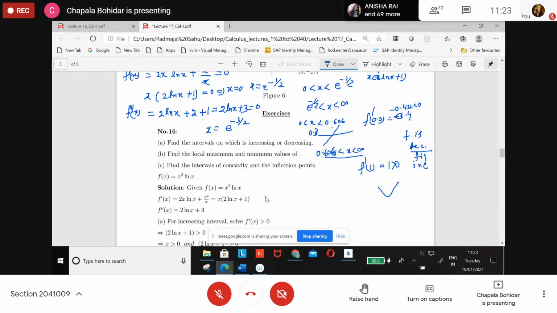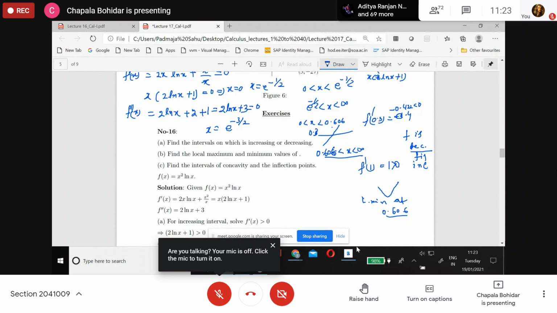At 0.606, that is e to the power minus half. The question is not asking about using the second order derivative. It only asks to find the local maximum and minimum value. So we are getting only a local minimum at this point, is not it?